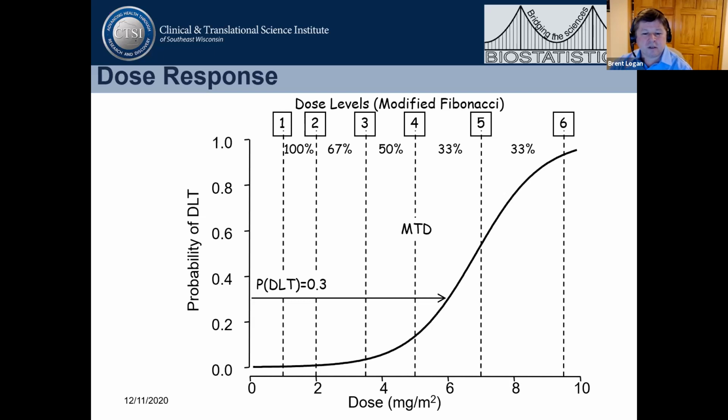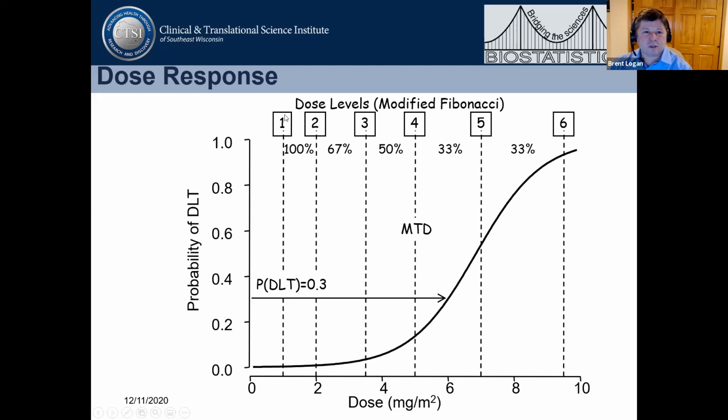The dose response curve plots the probability of a dose limiting toxicity against the dose level of the treatment. If we're thinking about 30% as the definition of the maximum tolerated dose, then the point at which the likelihood of a dose limiting toxicity hits 30% would be the maximum tolerated dose. Now you might not have an observed dose at that level.